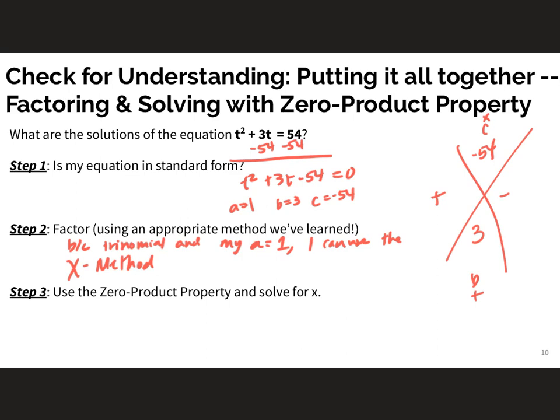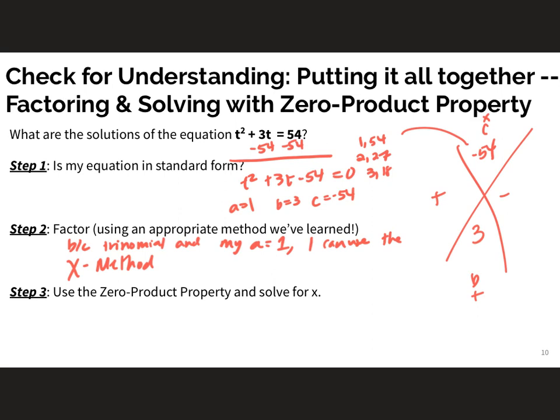So when I think about what are some numbers that multiply to 54, I think about 1 and 54. I think about 2 and 27. 3 and 18.